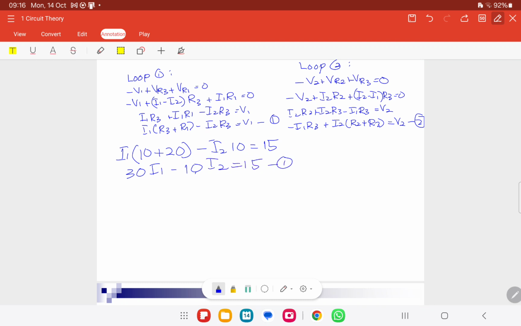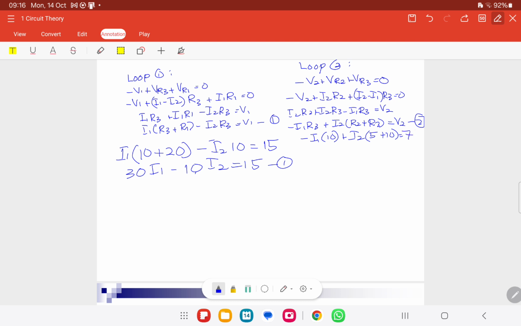So equation 1. Yang ni for equation 2: minus I1 R3, R3 berapa? 10, plus I2 (R2 plus R3), 15 kan? 5 campur 10, equals to V2, 7.